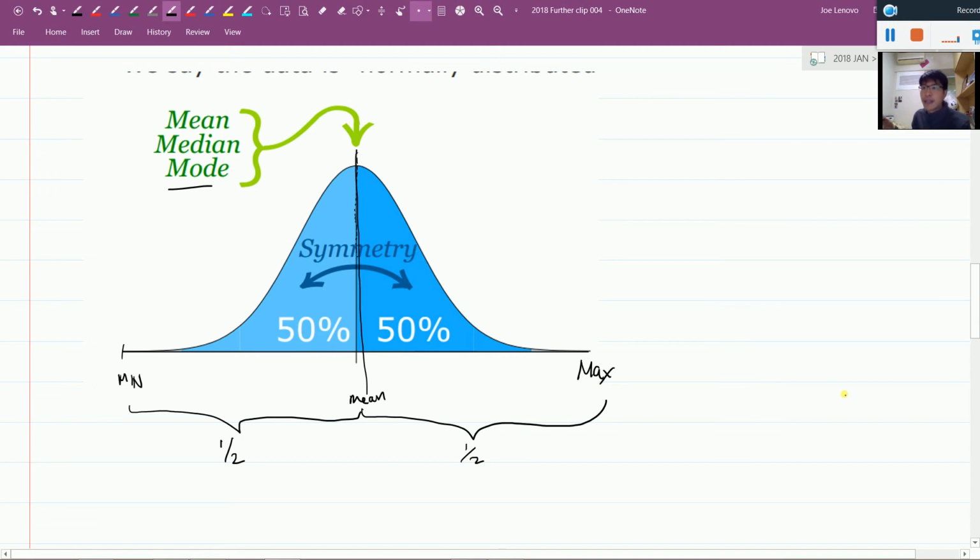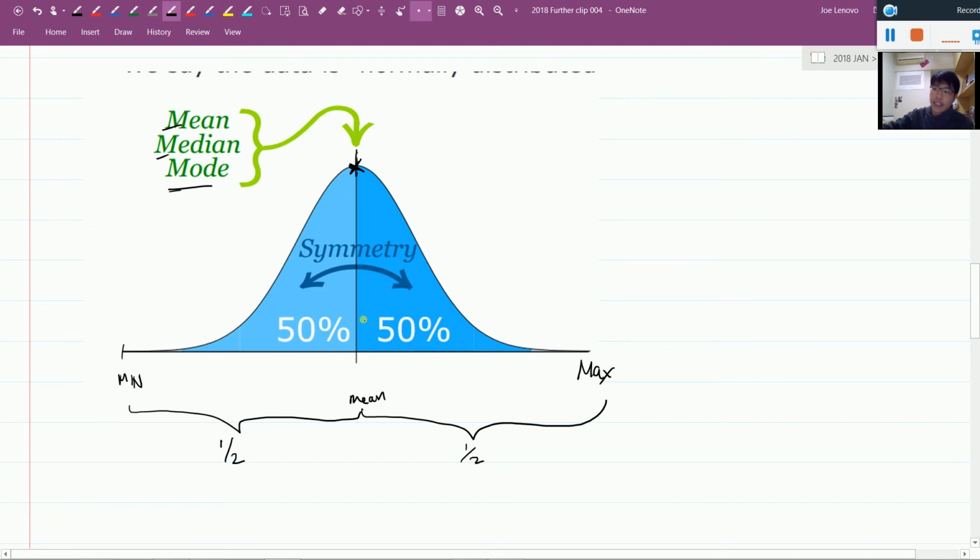If you put the numbers from the smallest to the biggest, right in the middle will be the median. So one fun fact, the mean, the median, and the mode can also be found at this point, the top of the bell curve. The top of the bell curve tells you the center, and the center measurement, no matter if it's mean or median or mode, they all refer to that point.